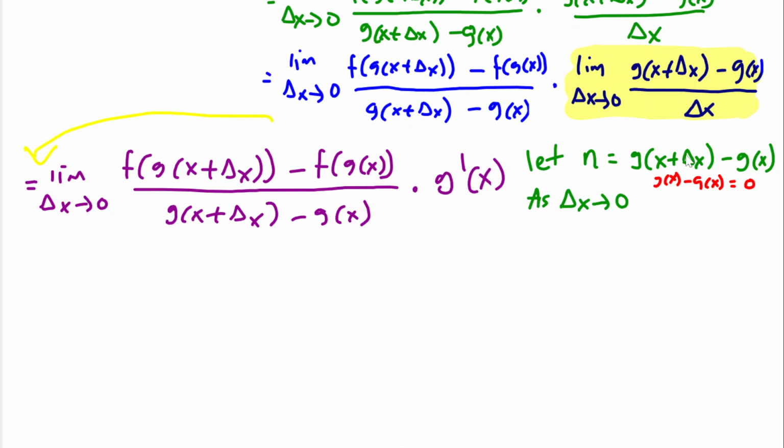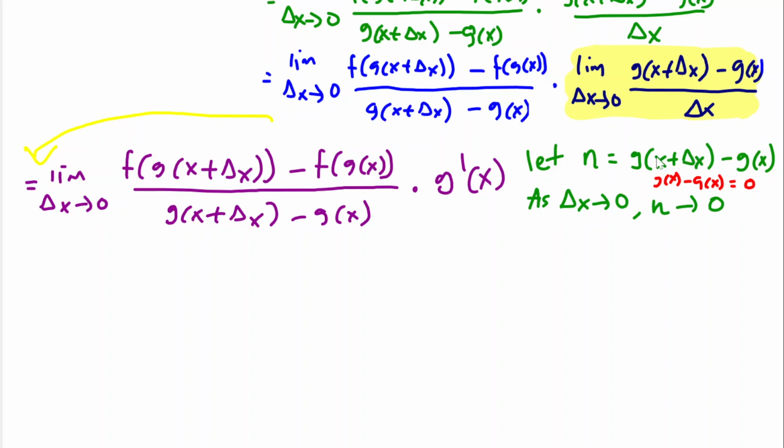So n will be 0 if we directly plug in 0 for delta x. But remember, delta x is approaching 0. So as delta x approaches 0, n must also be approaching 0, because delta x is getting very, very small, and then we have g of x minus g of x. We see here that n is also going to 0.